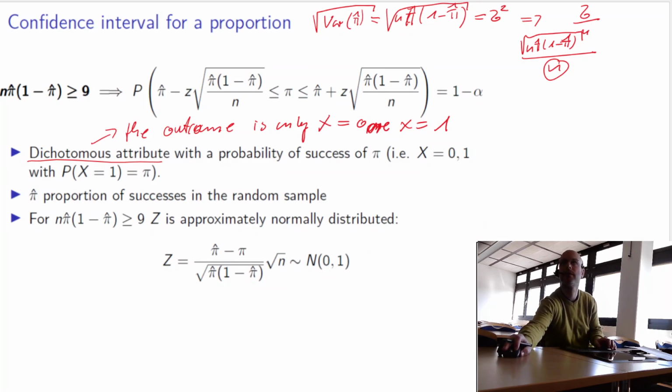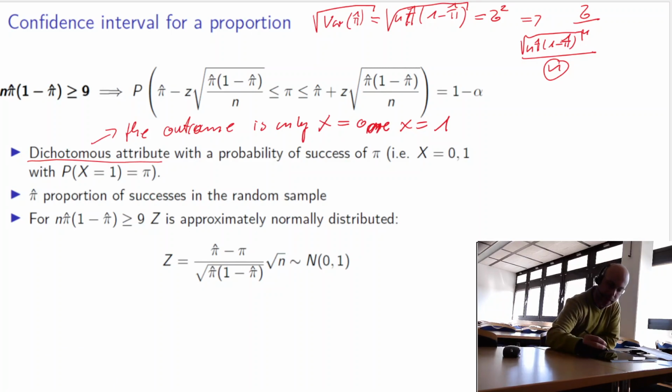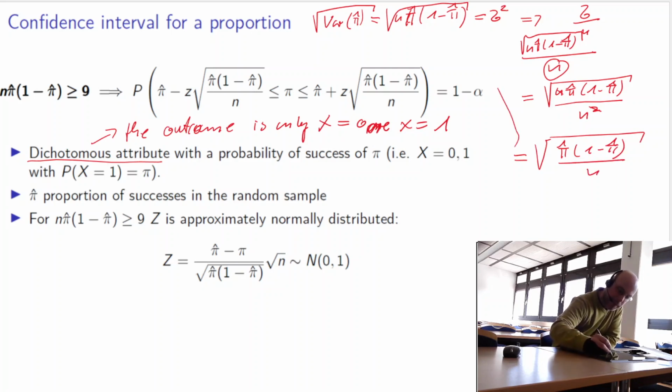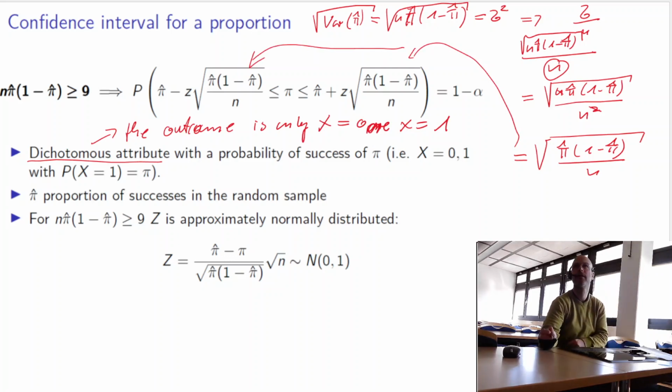Then we obtain the square root of n p hat 1 minus p hat over n squared. This cancels out, and in the end, we obtain p hat times 1 minus p hat over n. And this is just what we have here.